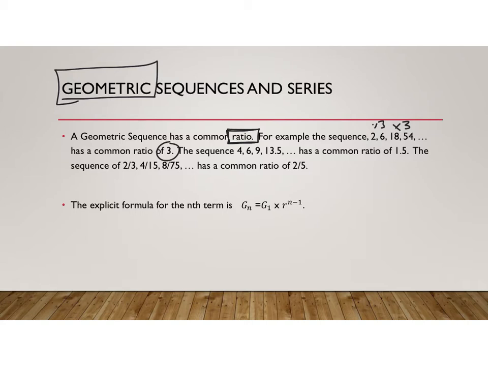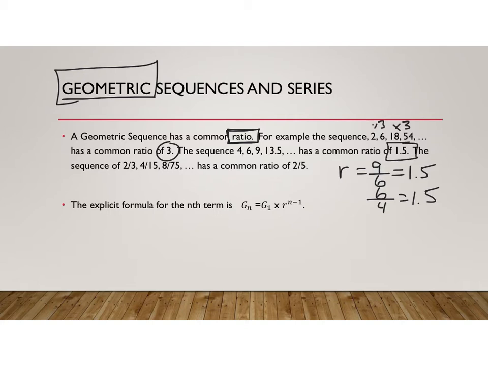4, 6, 9, 13.5. Some of you might look at that and say, I don't know what they're multiplying by. But you can always do this. Just take any term, divide it by the term before. 9 divided by 6 is 1.5. If I took 6, I divide by 4. That's still 1.5. That means my ratio is 1.5.